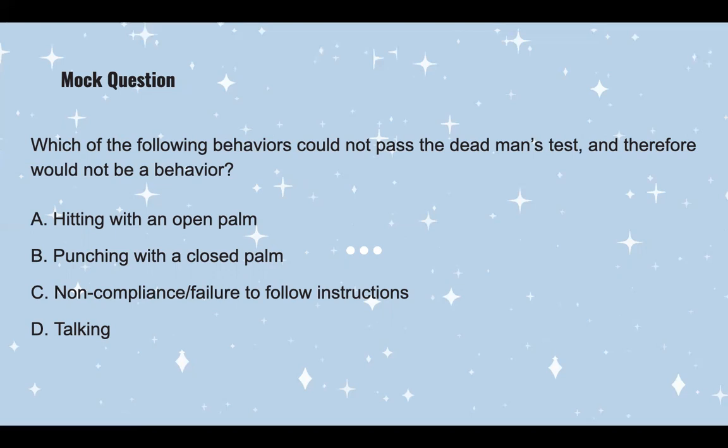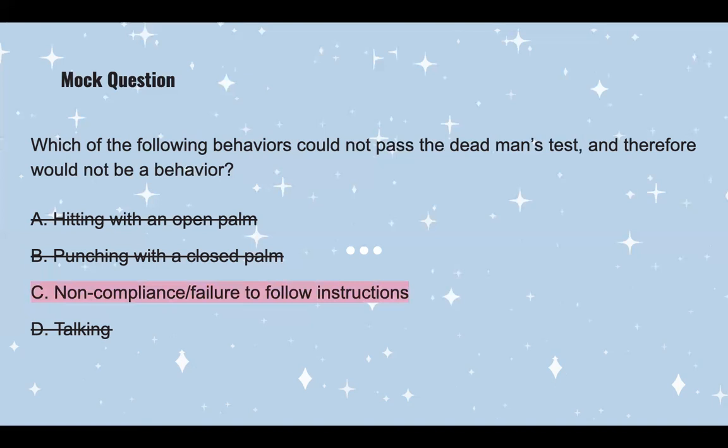Hitting with an open palm is a behavior, so let's eliminate that one. A dead man would not be able to hit with an open palm. Similarly, punching with a closed palm, I would argue a dead man cannot do. Let's see, talking. A dead man cannot talk, so talking is a behavior, so we can eliminate that one.